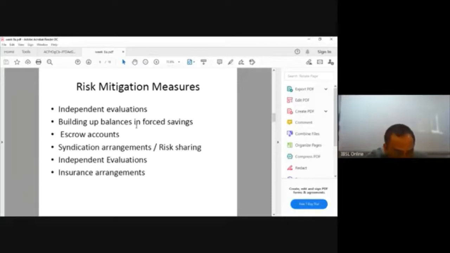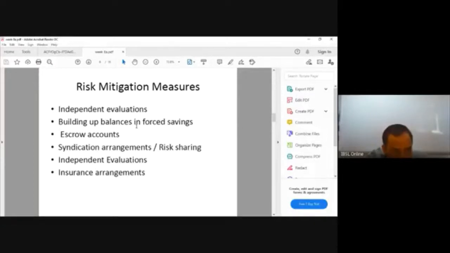So the bank challenged it. Why? Because that is an escrow account. The funds have come, and even though the funds are not used or the project got delayed, the bank can't go and invest somewhere else and generate an income.